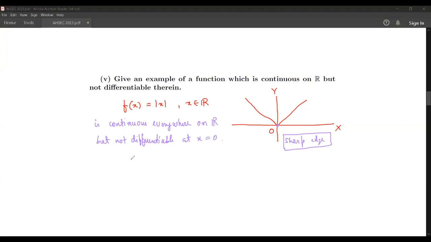Similarly, if you think that this function is too common, just take f of x is equal to mod of x minus 1. Similarly, this function is continuous everywhere on R, but this is not differentiable at x is equal to 1. Same. Okay, so the previous one is good enough.